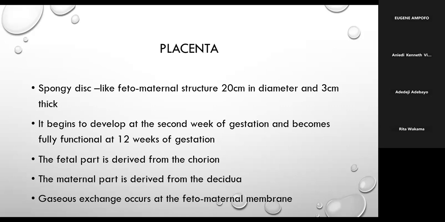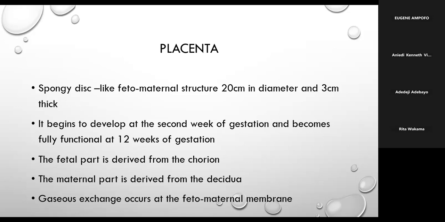Subsequently, the extraembryonic mesoderm extends into the primary villi, transforming it to the secondary villi. And when blood vessels develop in it, it becomes the tertiary villi. These blood vessels are now connected to the uterine artery and uterine vein.